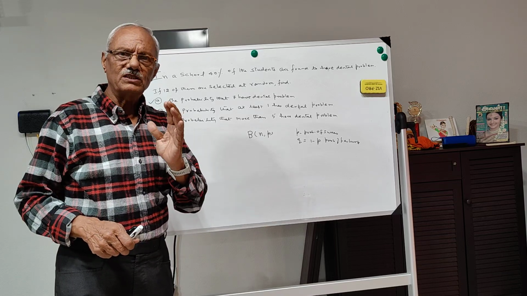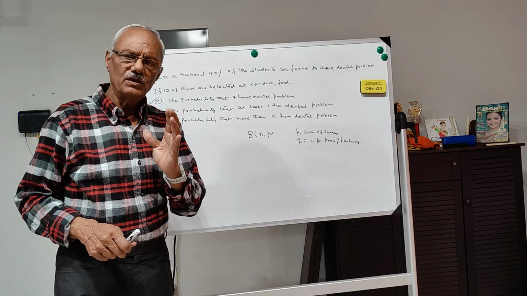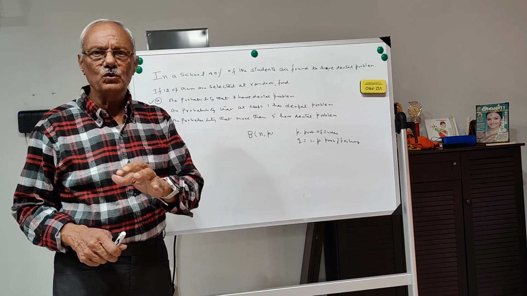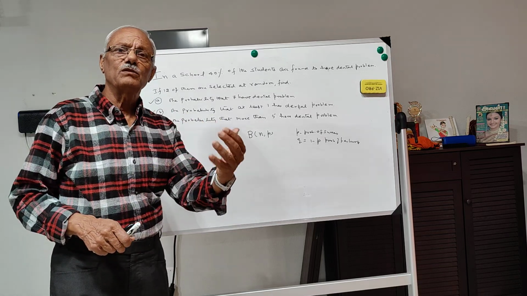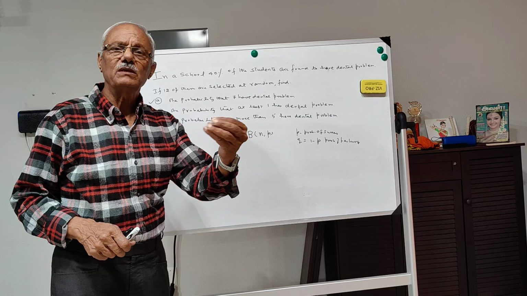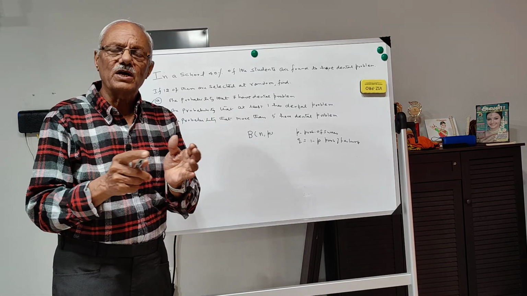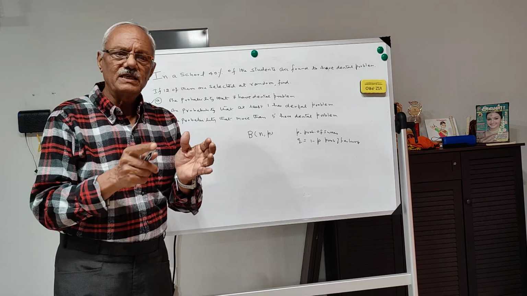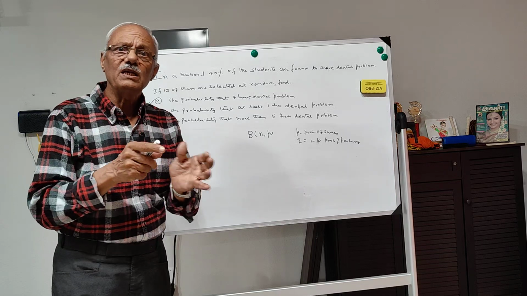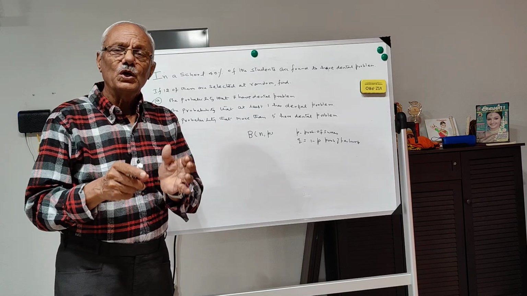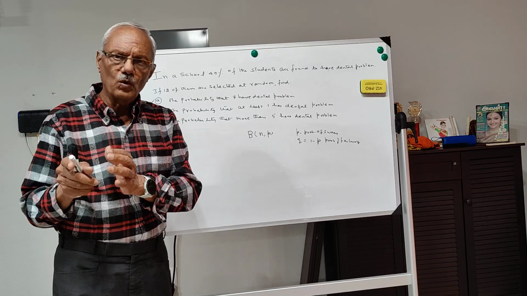So if the outcomes are only two, either right or wrong, success or failure, or defective or non-defective, they are said to be Bernoulli trials. And every trial is independent. That is, one trial does not influence the other. The binomial distribution is based only on Bernoulli's principle.